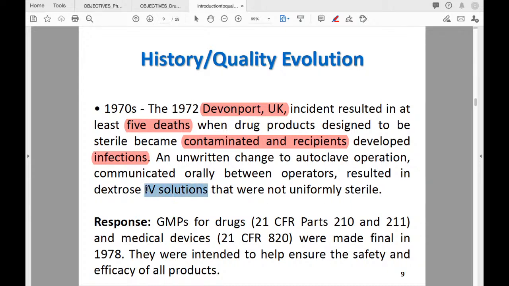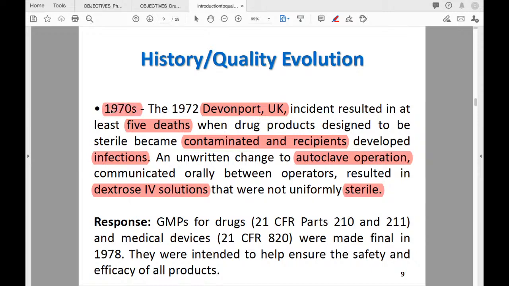These dextrose solutions had to be added into the medicine, but they were not being autoclaved properly. So to keep things properly clean, everything has to go through a good process. Otherwise these circumstances came up in the past.